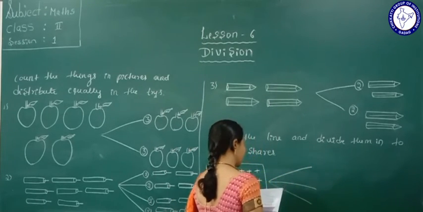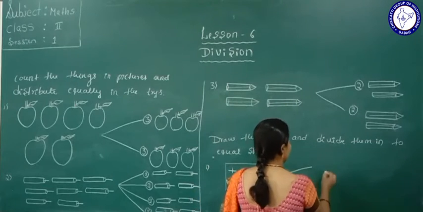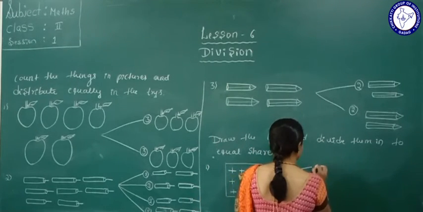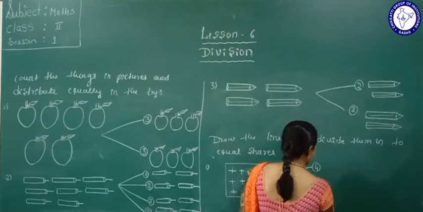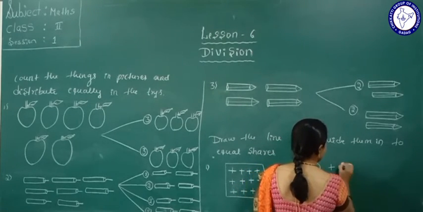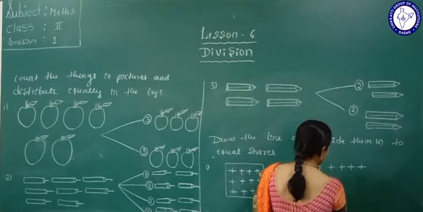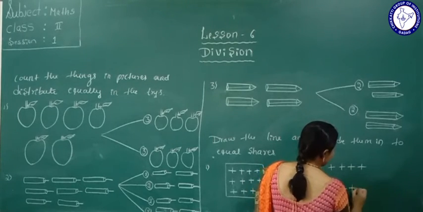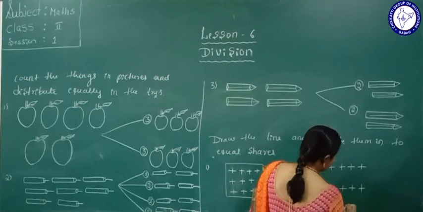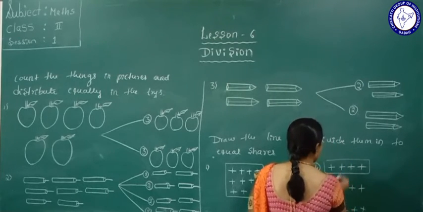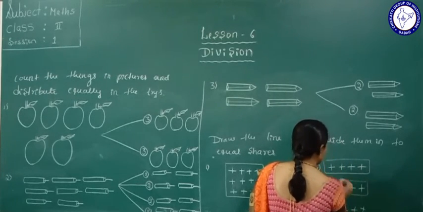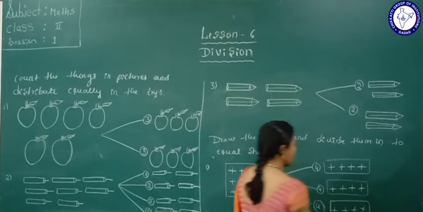Yes, so in 3 groups we distribute 4 signs. Okay, so in first group 1, 2, 3, 4, 1, 2, 3, 4, 1, 2, 3, 4. It means in first group 4, second group 4 and third group also 4.